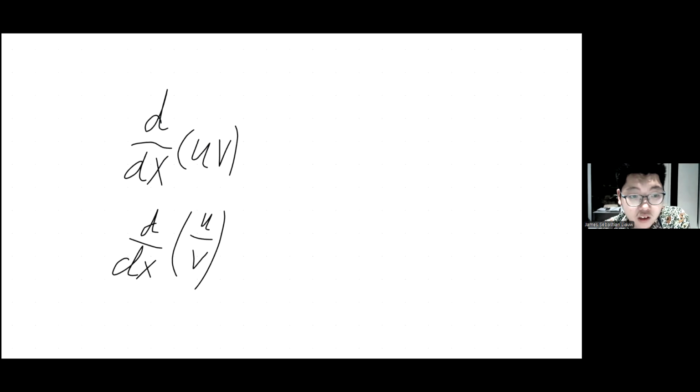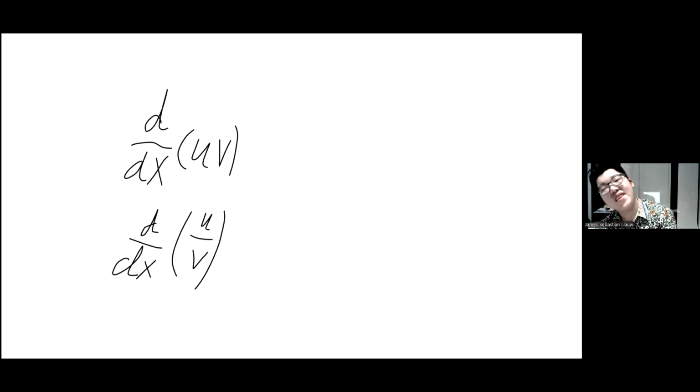This is called the product rule. By the way, this is called the quotient rule. For this, basically your U and your V are in terms of X.